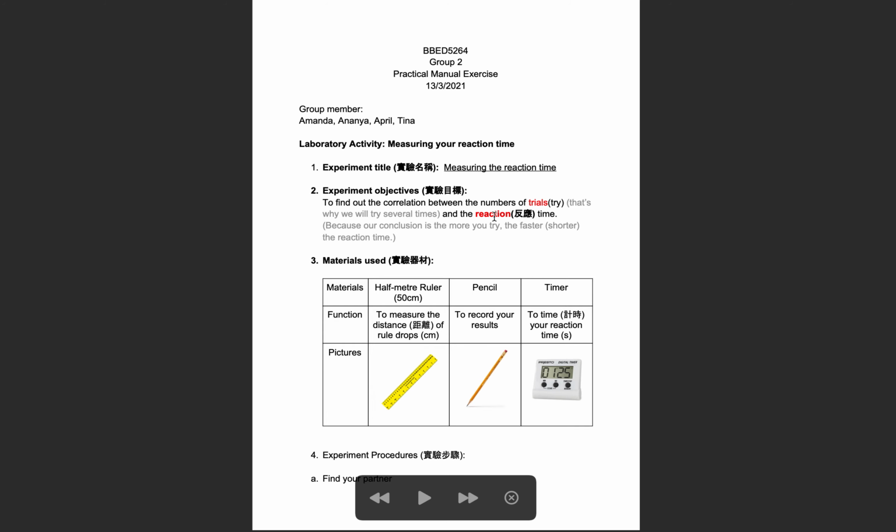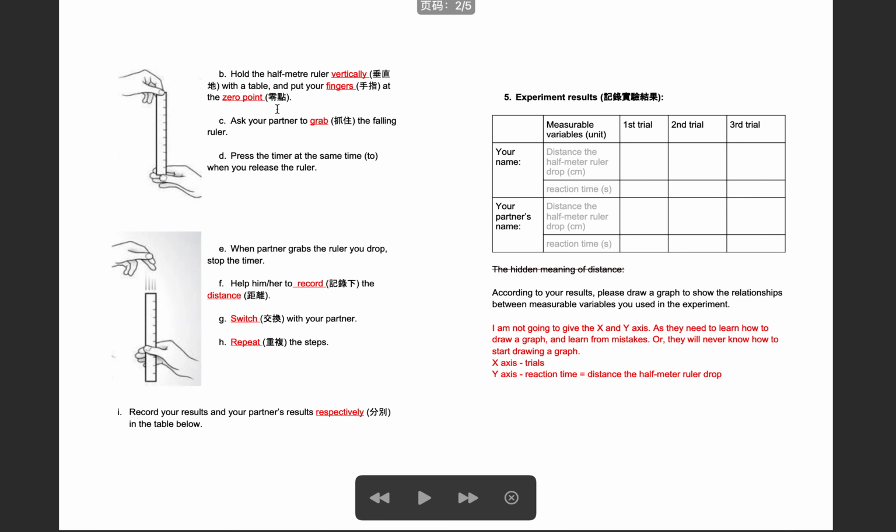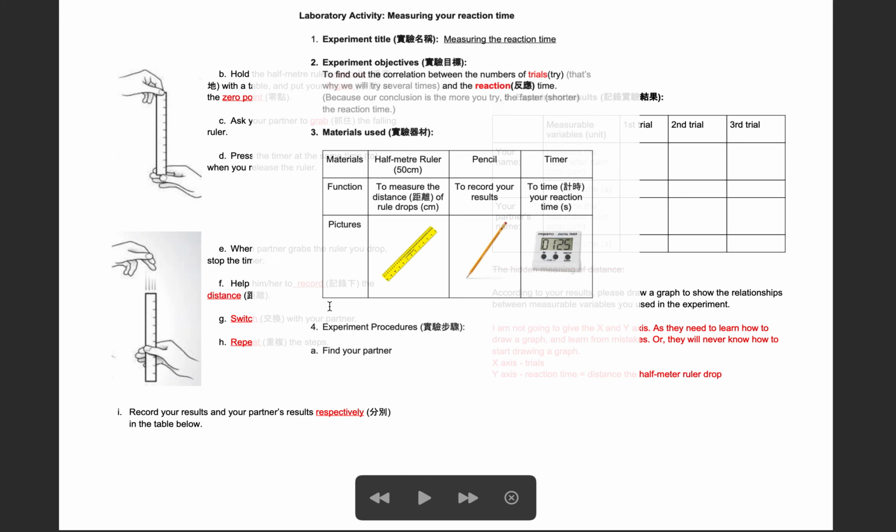And for the reaction, and also like the vertically zero point fingers. So these red bold words, we will give the Chinese translation, and also in class we will explain these words a little bit.